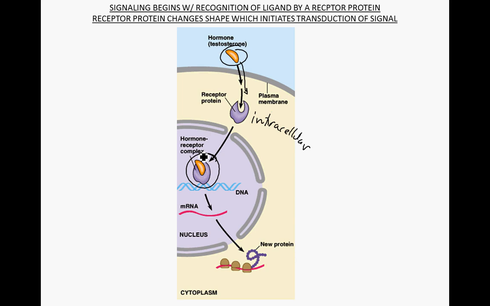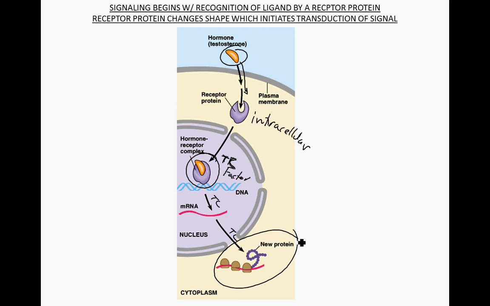In this case, this probably happens to be some sort of transcription factor. That transcription factor then binds and will induce gene expression, induce transcription, and then translation. And the response here is you get a new protein made by that cell. So you can turn on or off gene expression by using extracellular signals.